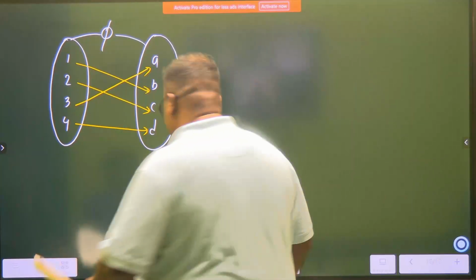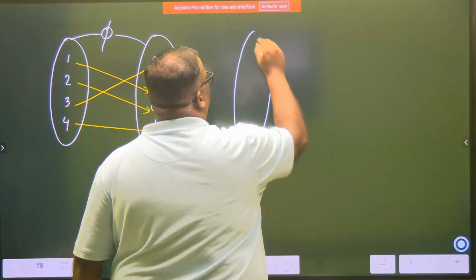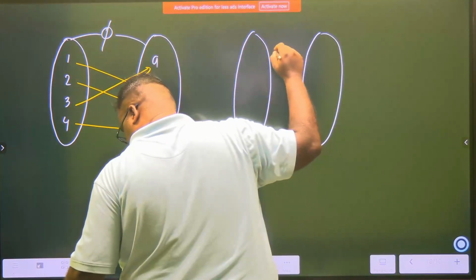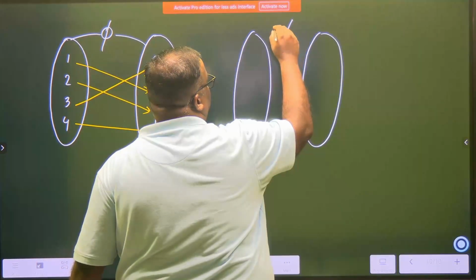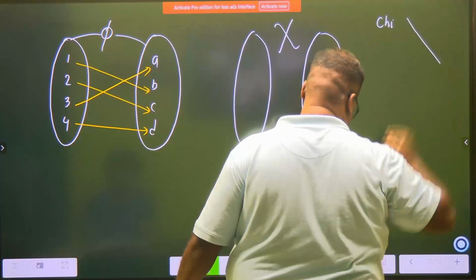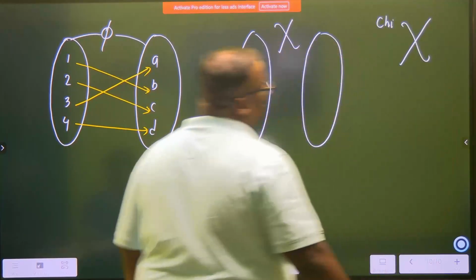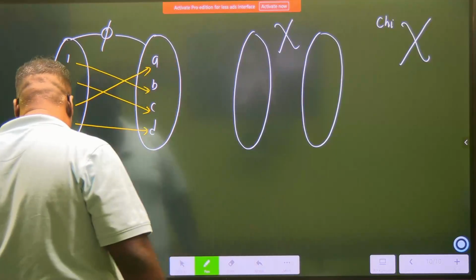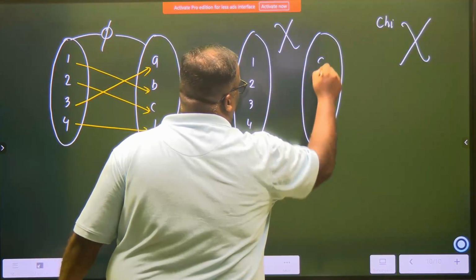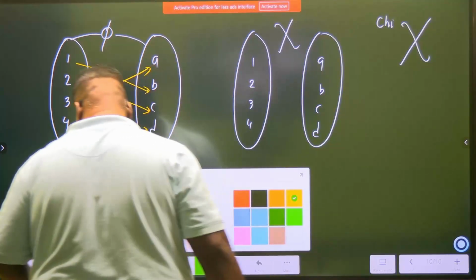Let's see one more. And tell me on this one, okay? Now this is a Greek letter that we call chi. C-H-I. The way we write it is you put a slash like this and you put an alternating symbol. That's chi. So chi is the function which maps from same, say 1, 2, 3, 4, and we got A, B, C, D, and our mappings are this time in this manner.